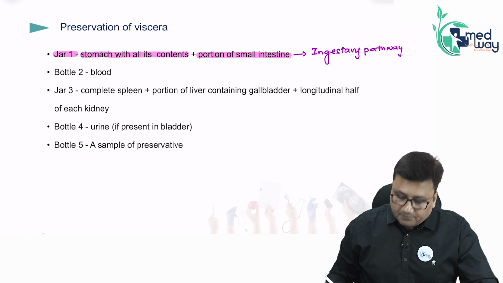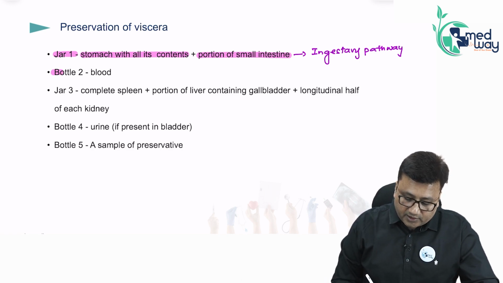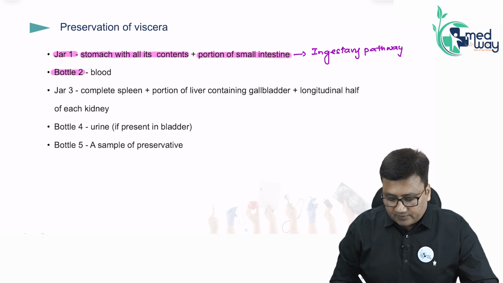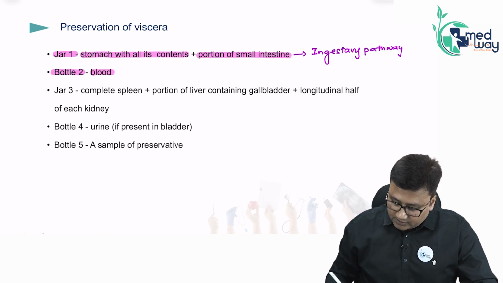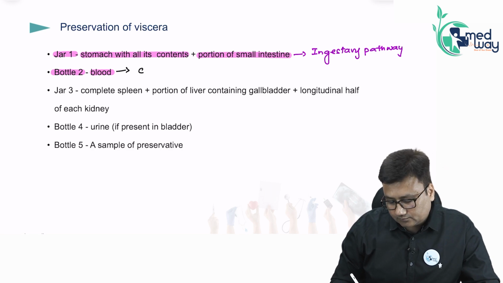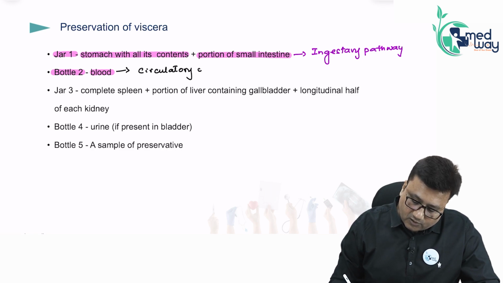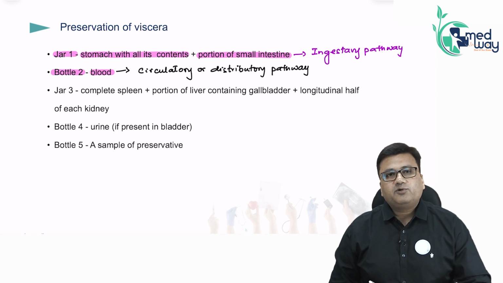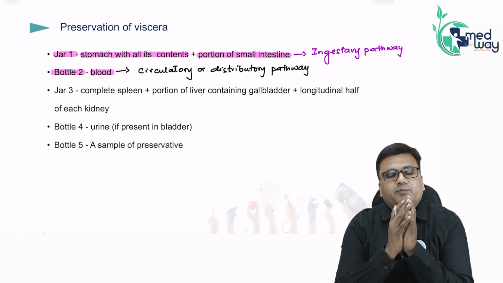We preserve the circulatory pathway separately in bottle number 2, and the circulatory pathway is blood. Then what will happen?